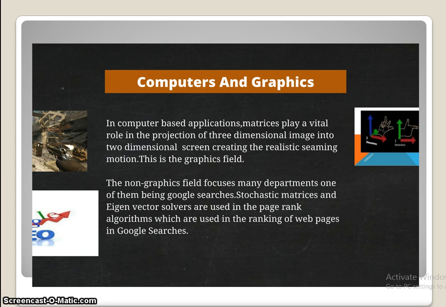This is the graphic field. The non-graphic fields cover many departments, one of them being Google searches. Stochastic matrices and eigenvectors are used in the PageRank algorithm, which is used in the ranking of web pages in Google searches.